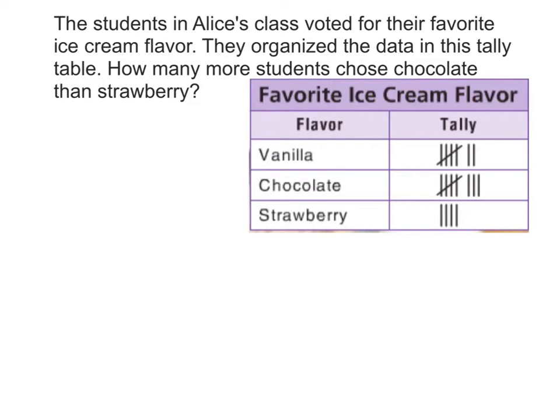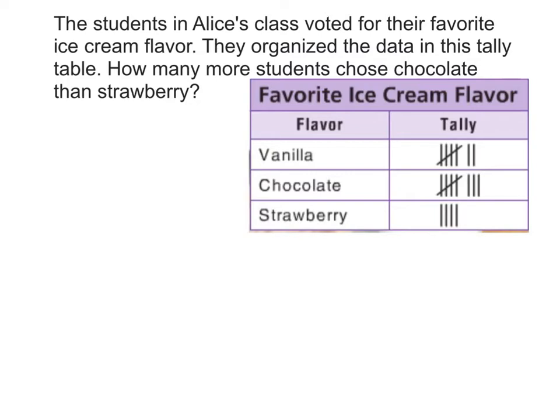Let's look at this following problem. The students in Alice's class voted for their favorite ice cream flavor. They organized the data in this tally table. How many more students chose chocolate than strawberry?